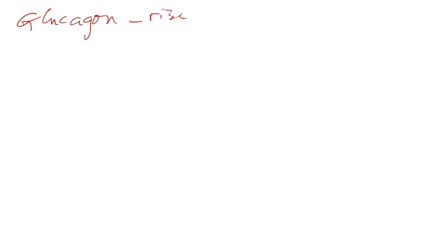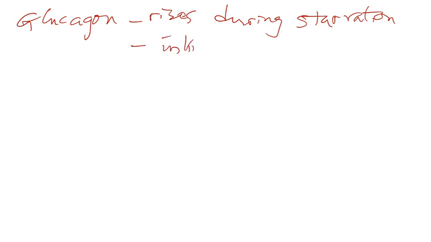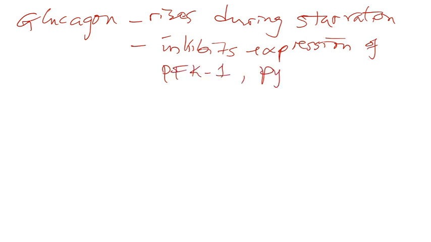But glucagon rises during starvation. So the levels of glucagon will rise during starvation. Therefore, it will inhibit expression of the enzyme phosphofructokinase 1 and also pyruvate kinase. So it inhibits their actions.